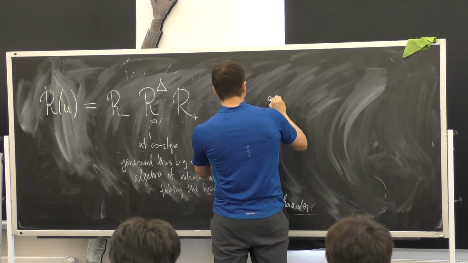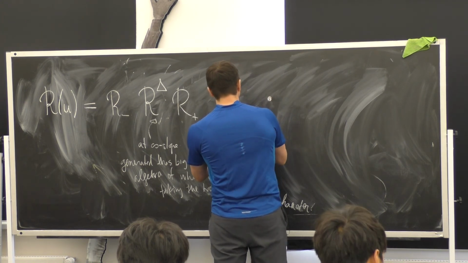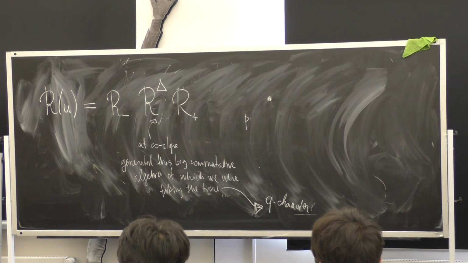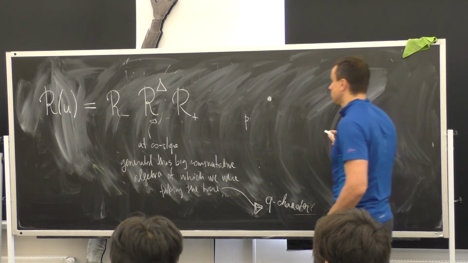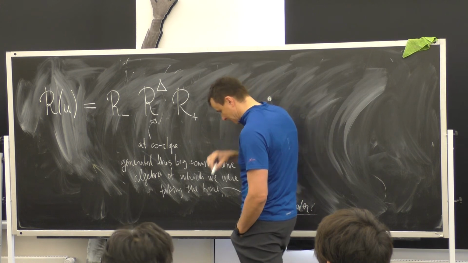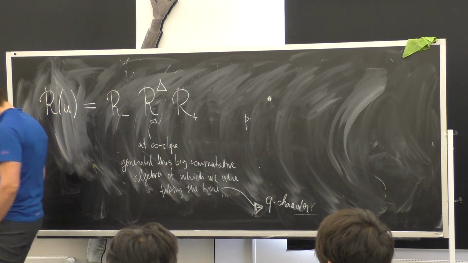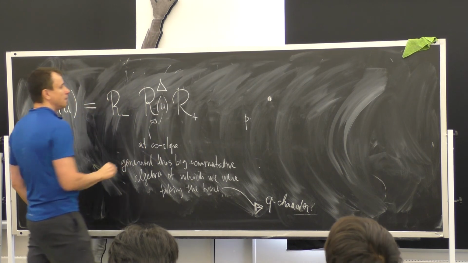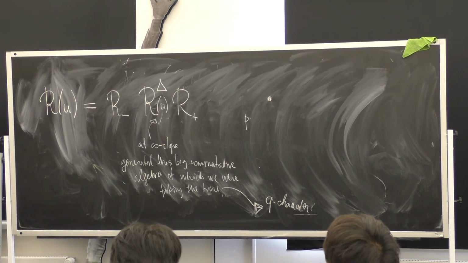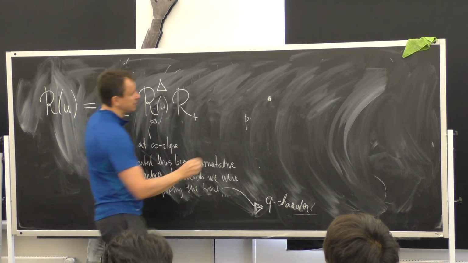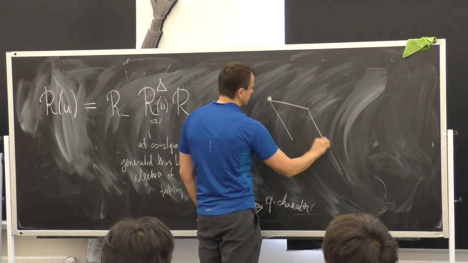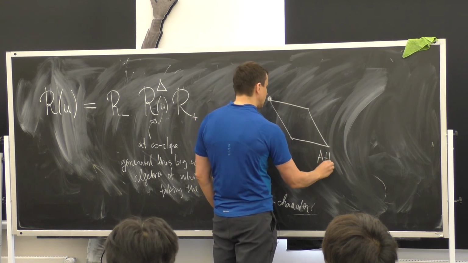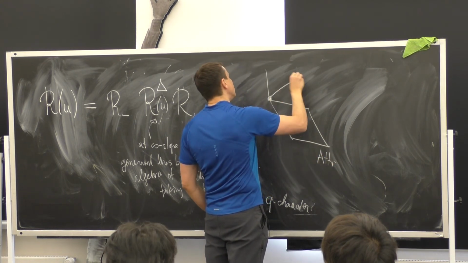If I have a fixed point P, this also depends on U. At the fixed point P, I'll have some attracting directions and some repelling directions.